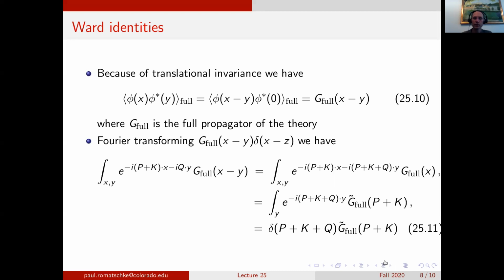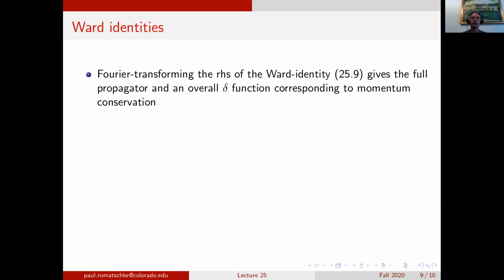Now this delta function is nothing else but saying that momentum has to be conserved at these 3 points x, y, and z. So the total momentum coming in must be equal to the total momentum coming out. So we find that Fourier transforming the right-hand side of the Ward identity gives us the full propagator in momentum space and an overall delta function corresponding to momentum conservation.